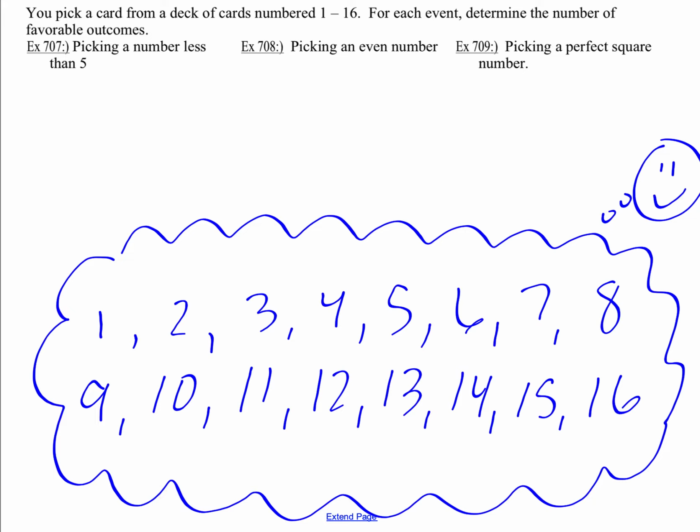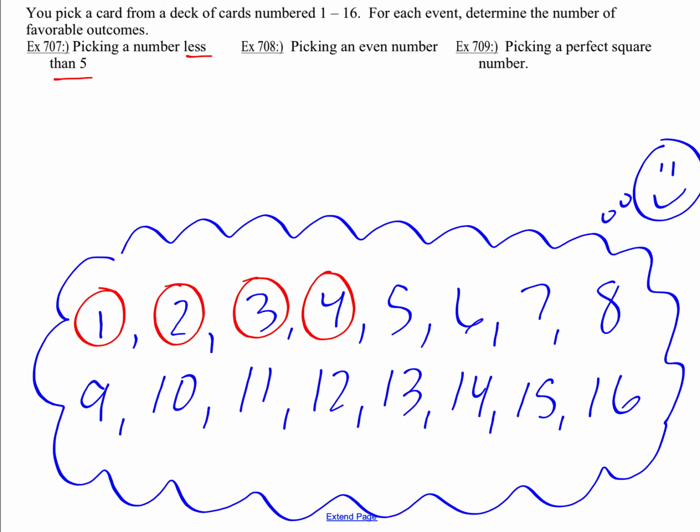Okay, so picking a number less than 5. For picking a number less than 5, which numbers does that include? Okay, it'll include 1, 2, 3, and 4. Now, does it include the number 5? Let's think about this. What does it mean to be less than 5? Less than 5, you would not include the number 5.